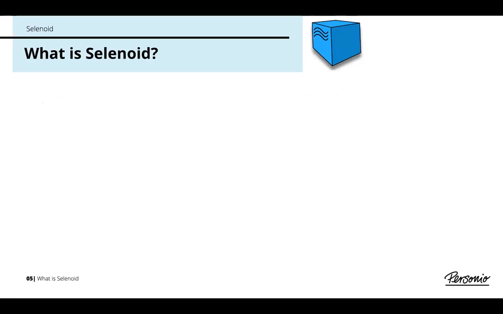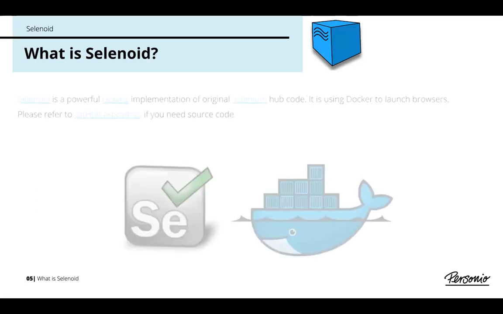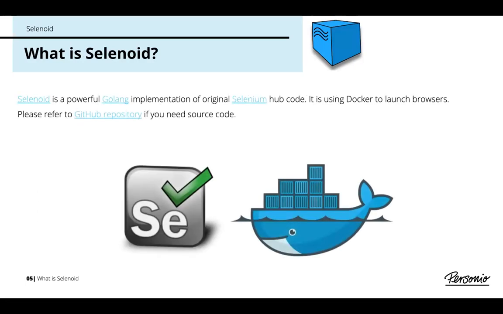So, what is Selenoid? According to documentation, and it truly is that, this is a very powerful tool that was written in Golang that makes it really, really fast. I would say lightning fast, because Golang as a programming language itself compiles very fast, and it runs also pretty cool.